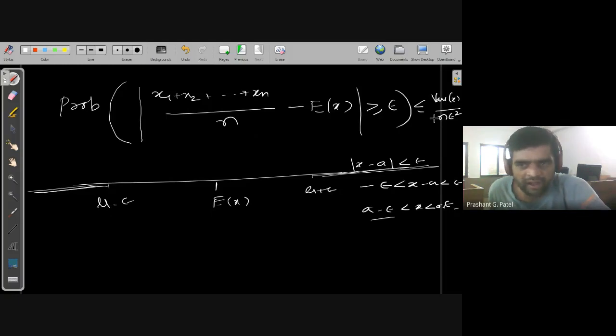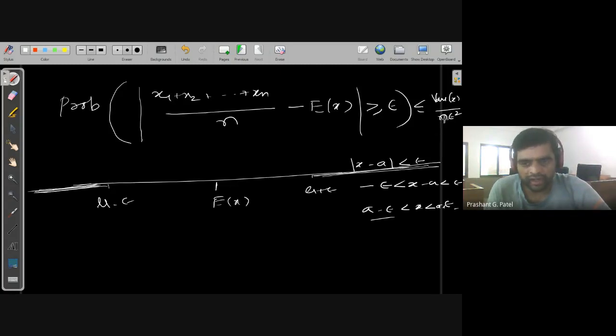And if your n is large, that means you pick up a large number of samples, then nothing will come up on this outside. That is the meaning of this law of large numbers. Similarly, if epsilon is large, then this probability is smaller, the probability that the difference will exceed epsilon, and hence epsilon is in the denominator here.